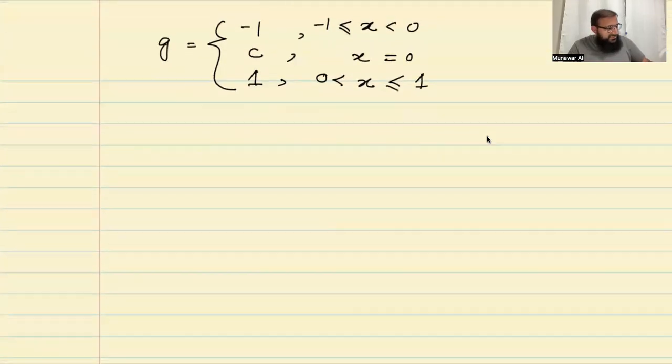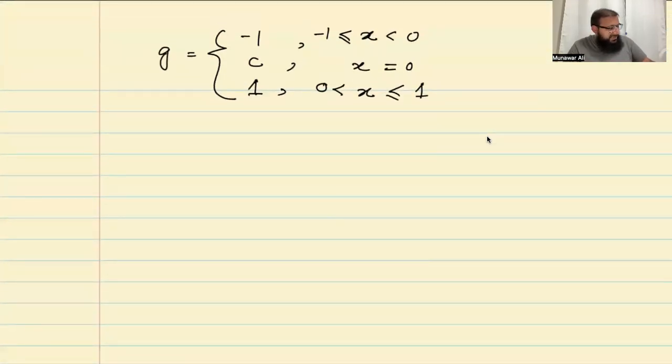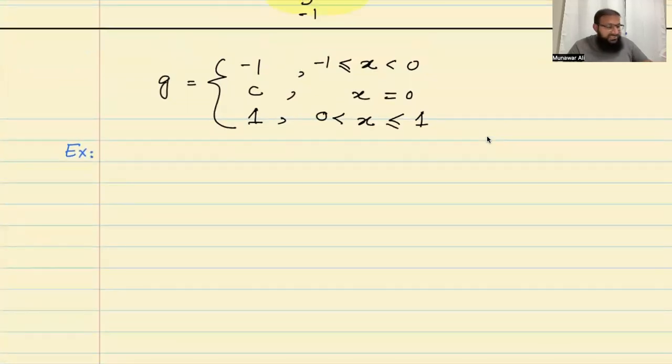So I'm taking another example, and maybe for this example we'll see that the weak derivative does not exist. One thing is that whatever g you get, this g must belong to L1 from -1 to 1.